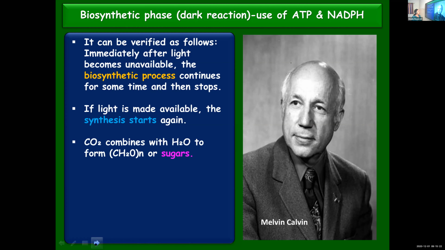Because light reaction will start, and as a result ATP and NADPH will be produced, and this will be available for the dark reaction to be carried out. That is why it is not because of darkness. It can take place even in the absence of light, provided ATP and NADPH are available.